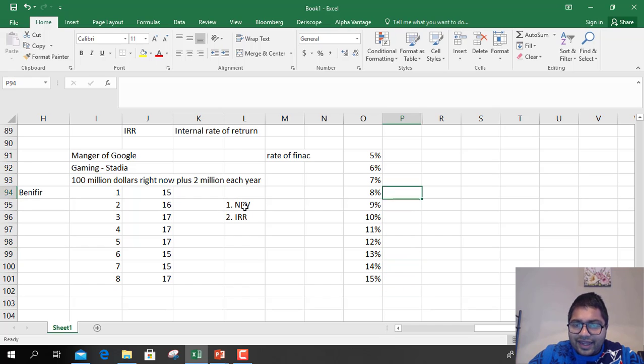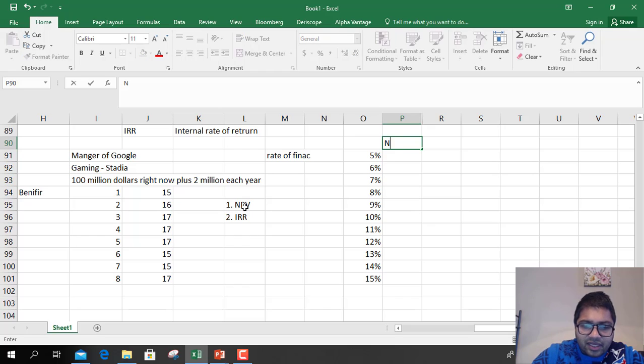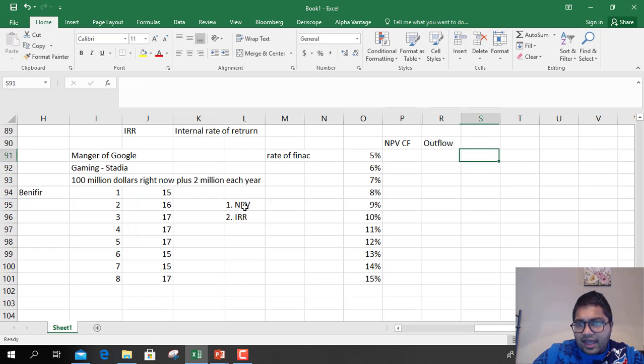Like always, we create an NPV profile. So NPV cash flows. We need outflow and inflow.